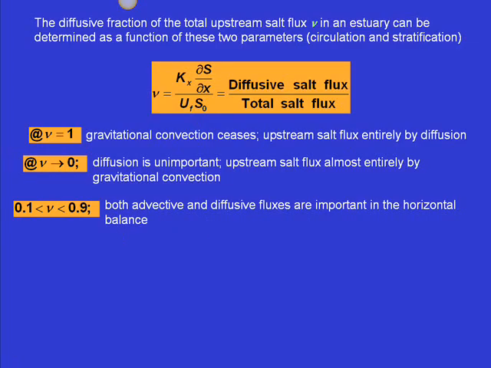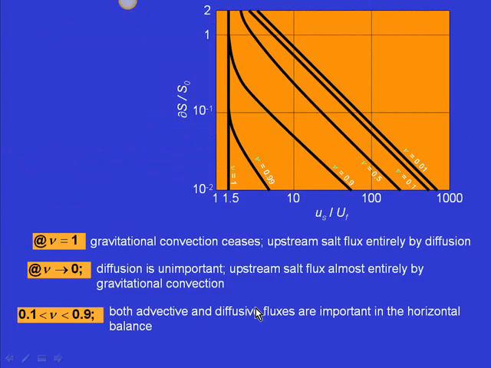So here's the beauty of this approach: with the stratification parameter and with the circulation parameter, we can determine how this diffusive salt flux behaves as a function of those two. Remember, this diffusive salt flux, if we go back a little bit, can also be derived from the Rayleigh number and the tidal mixing parameter that we defined. So here's the classification, or rather the distribution of the diffusive salt flux.